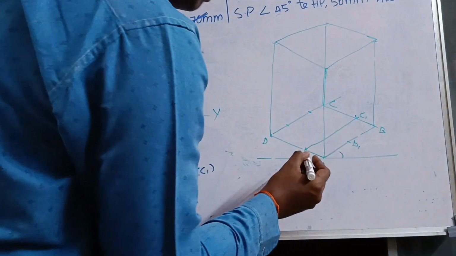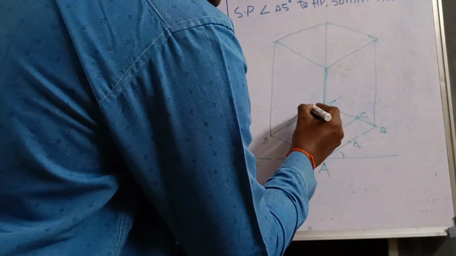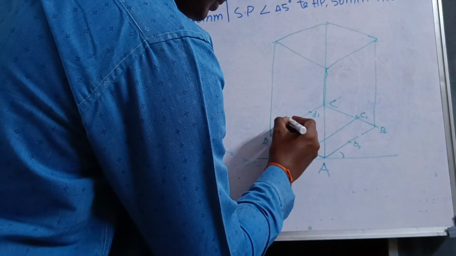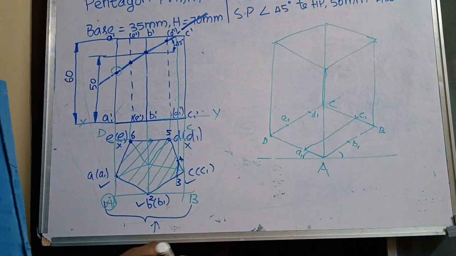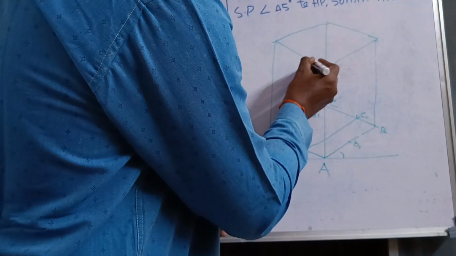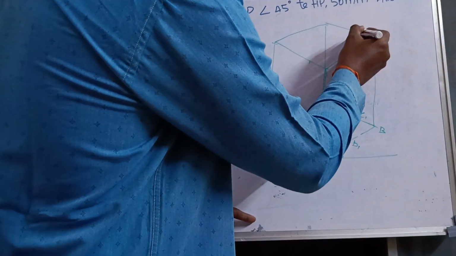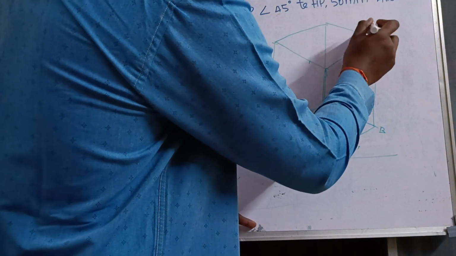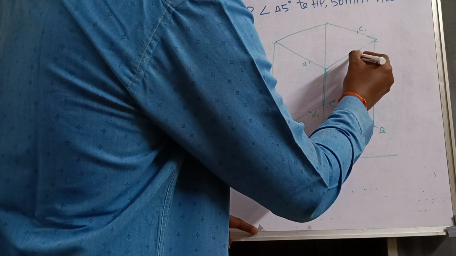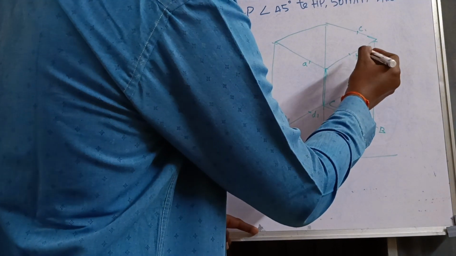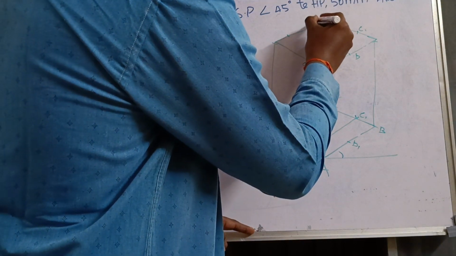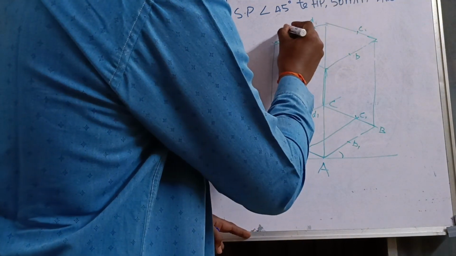This is A1, B1, C1, D1, E1. Similarly, you mark the points on the top corner: A point, midpoint here, B point, D1, E1, D point, E point.